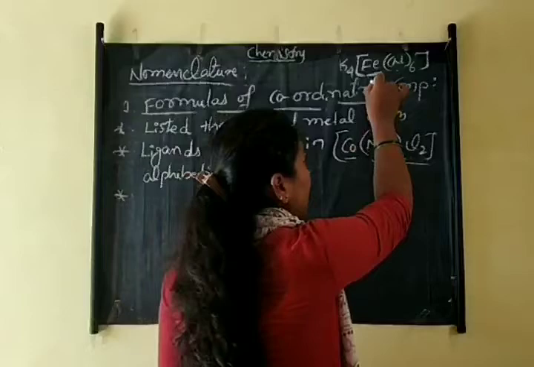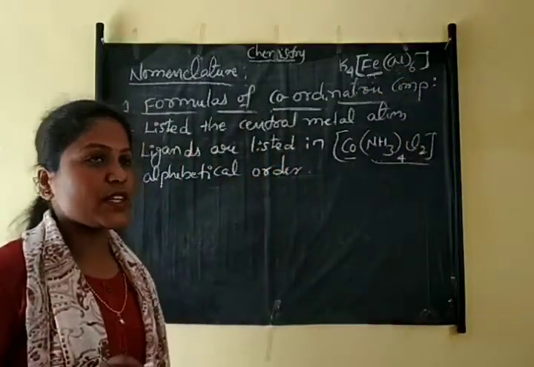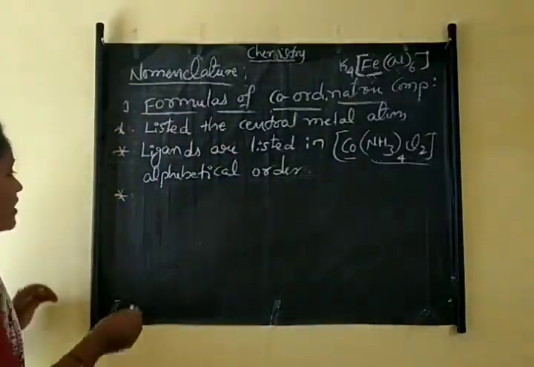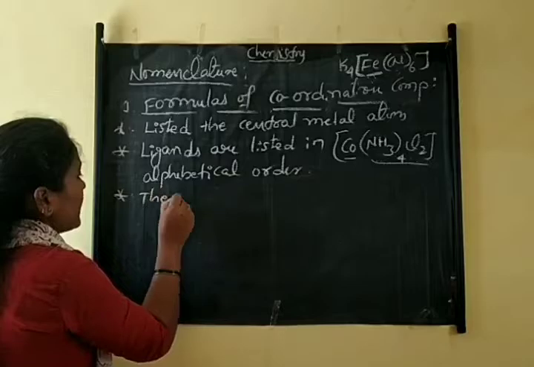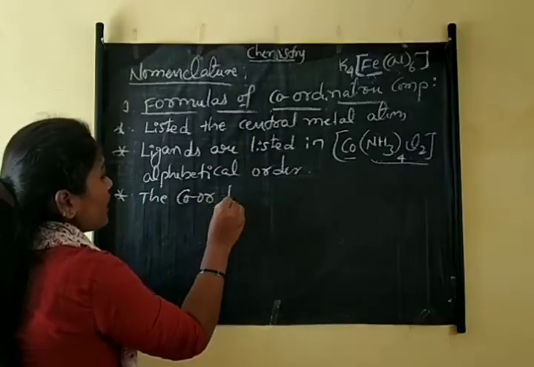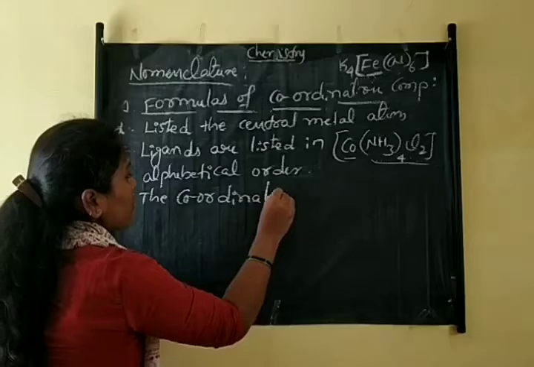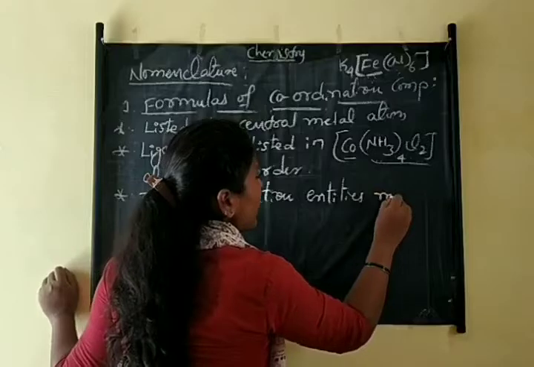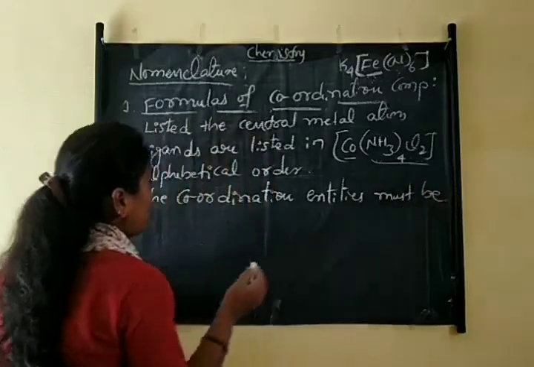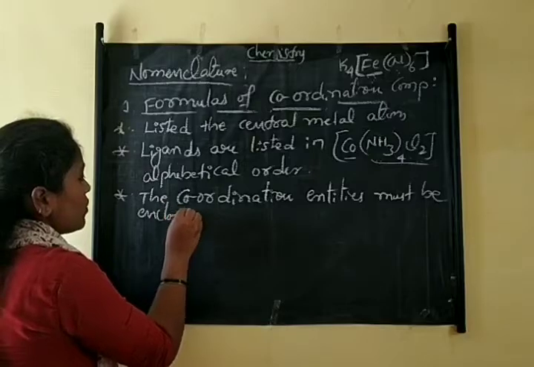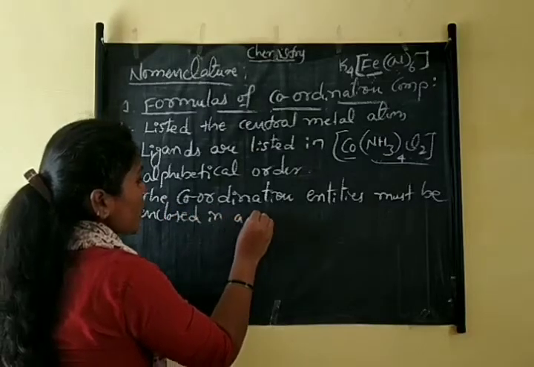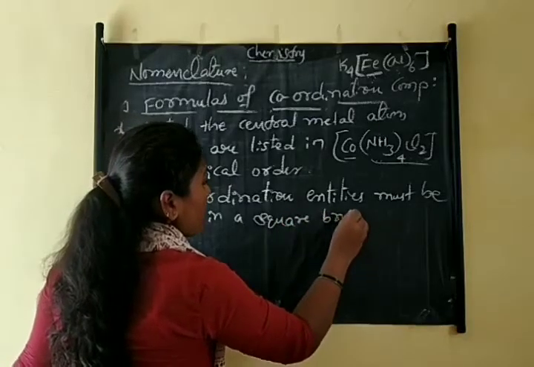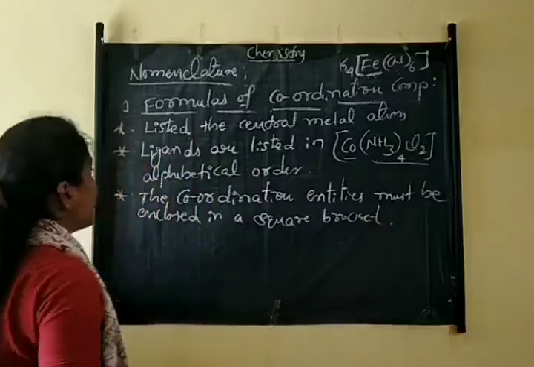That is also one of the rules. The third rule is that the coordination entities are enclosed in a square bracket.